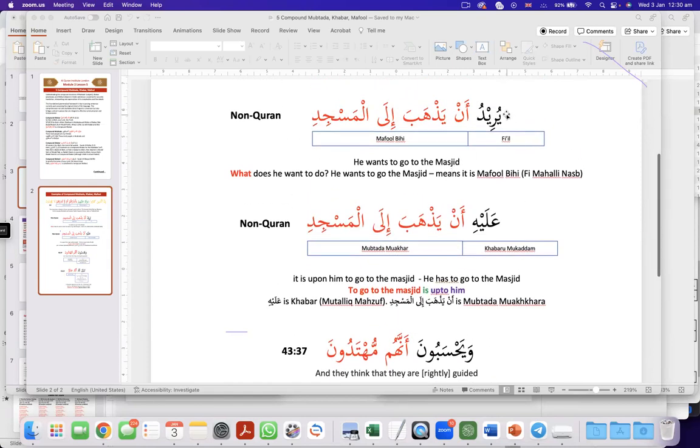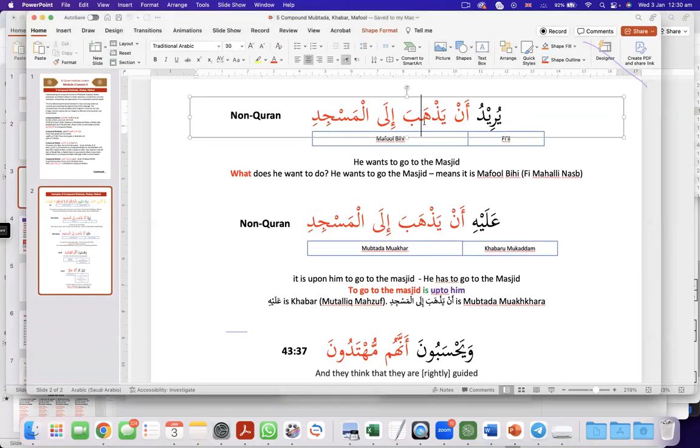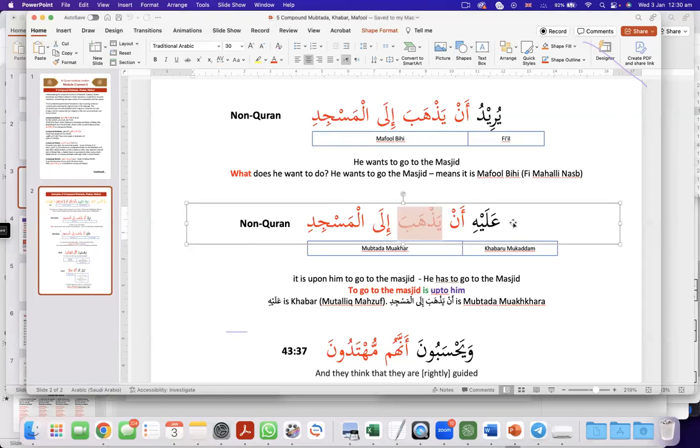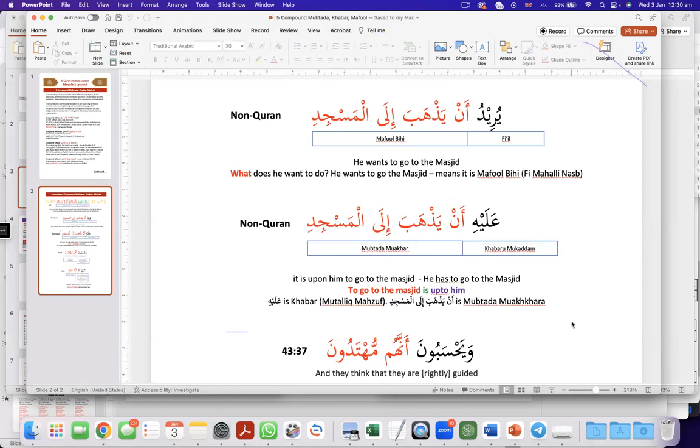Okay, you got that one, inshallah, right? Just read this and look at the meaning and everything, and if you could try and explain this, inshallah, it should be easy. عليه أن يذهب إلى المسجد. It is upon him to go to the masjid.